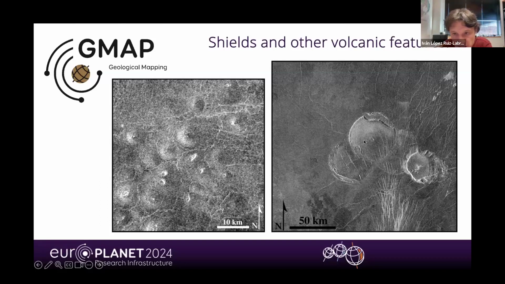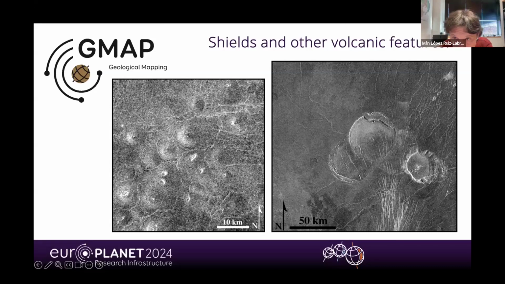We have the pancakes that Lucia mentioned. You can see here also how in this left-looking illuminated image, we see the surface facing the antenna very bright, and the surfaces opposite to the antenna appear darker. We can see a scarp here, and you see how the brightness varies because of the angle with respect to the radar illumination.